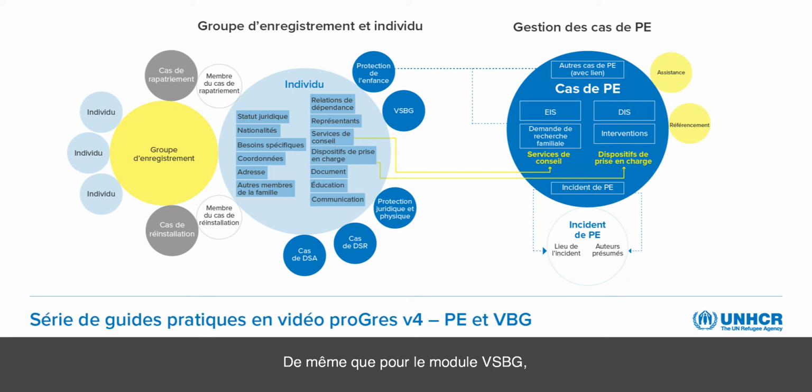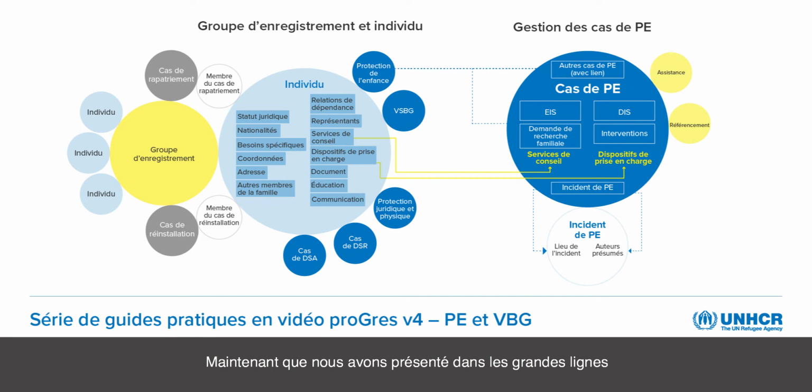Similarly to the GBV module, any entity that falls within the CP case circle has a higher level of security that has been designed specifically for child protection and SGBV data. Anything that falls outside of that, including the 2 yellow circles that indicate the entities that move between the various modules, is based upon the privileges granted for those individual modules.